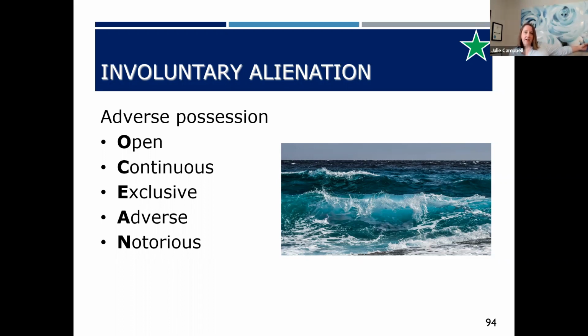Can you hide a trailer or an RV on the property? Unless you're David Copperfield, probably not, right? You're using it openly. They know that the fence is there. The use is continuous. You're not using it here and there. You've been using it continuously for 20 years or more.